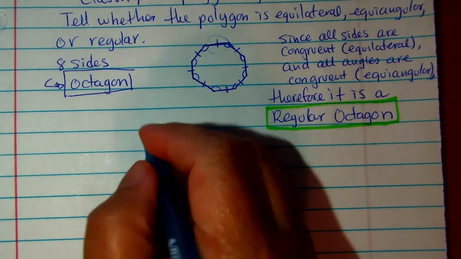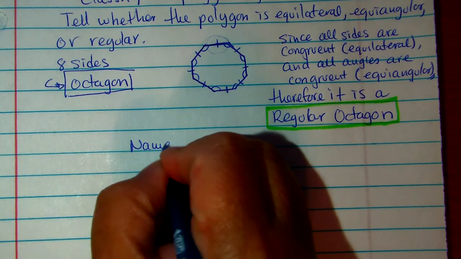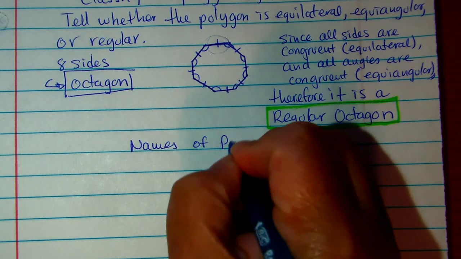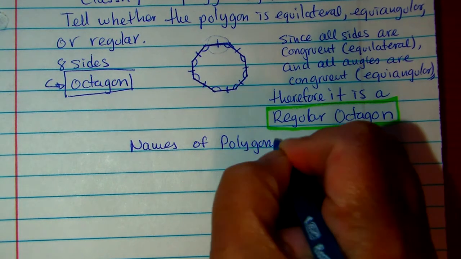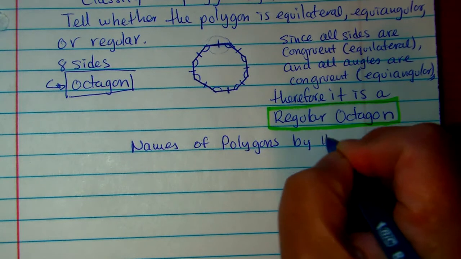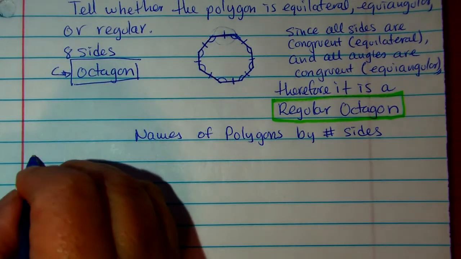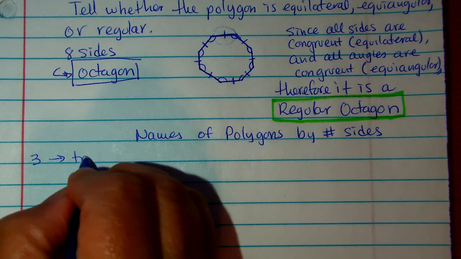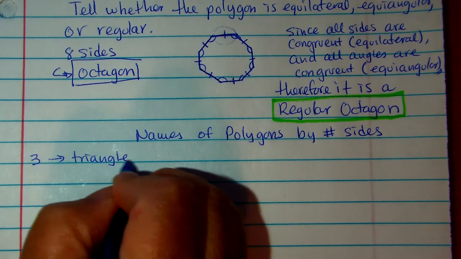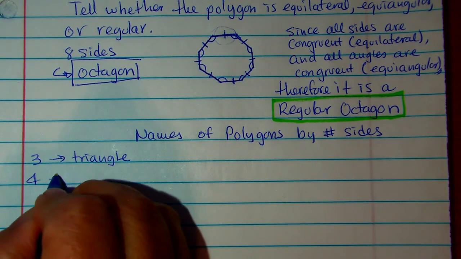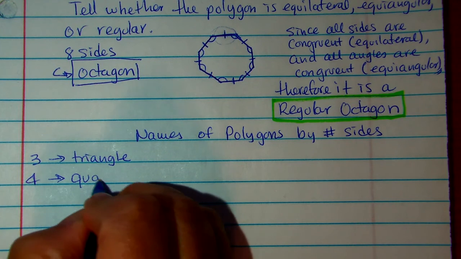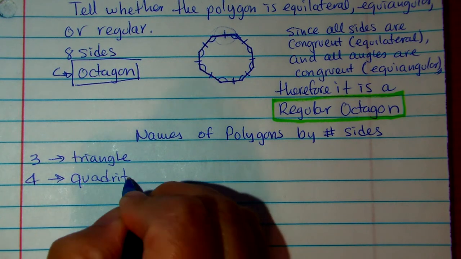Names of polygons by the number of sides. If it has 3 sides, we know it's called a triangle. If it has 4 sides, we call it a quadrilateral.